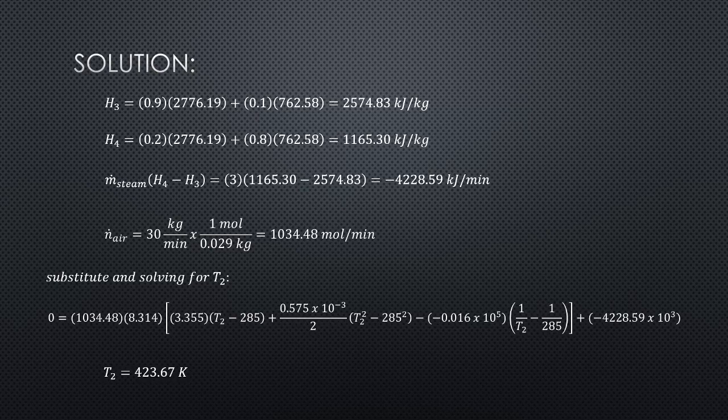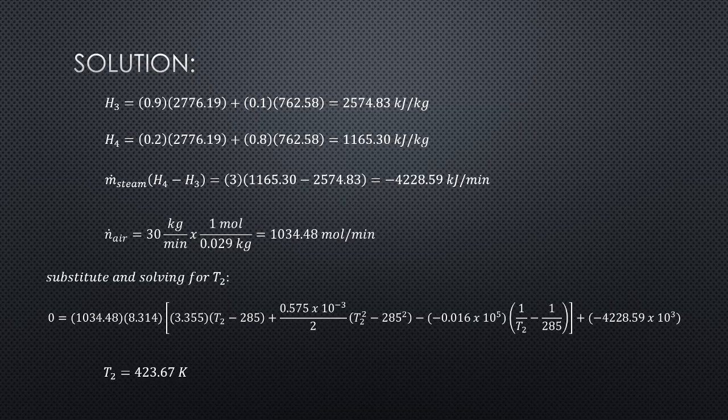That is, it's just the fraction of the vapor at a certain point in the stream. That is, for the inlet or H3, we can get the enthalpy by 0.9 times 2776.19 plus for the liquid 0.1 times 762.58, and then we get 2574.83 kilojoules per kilogram.